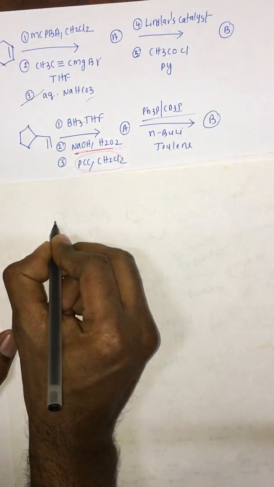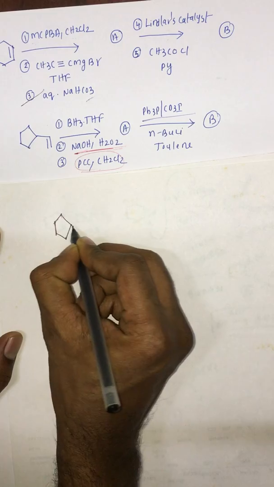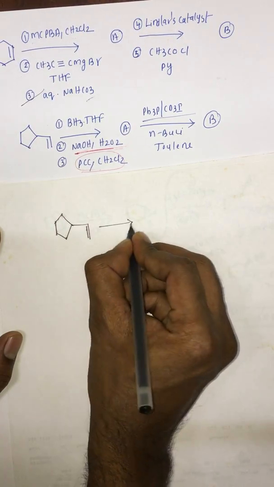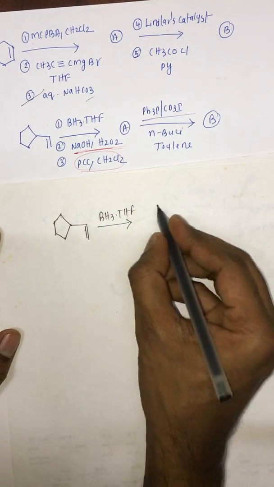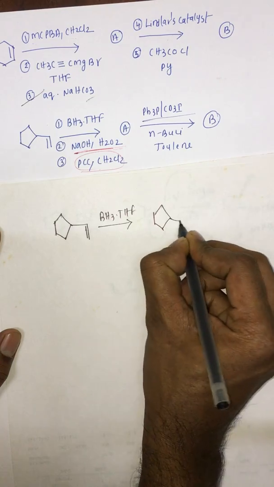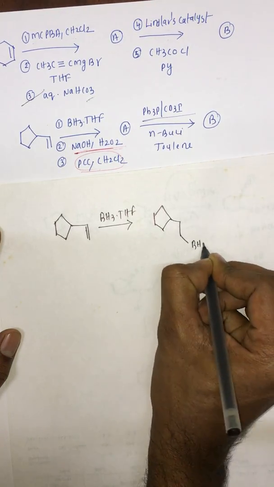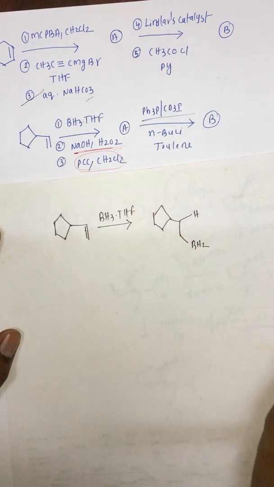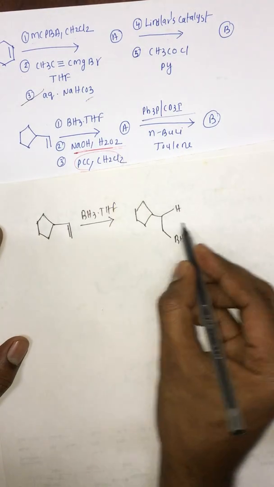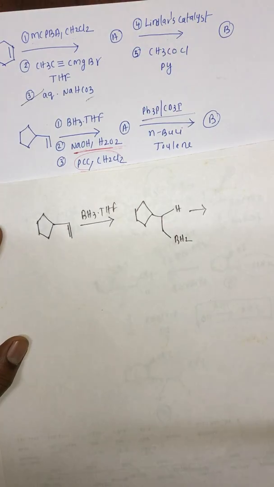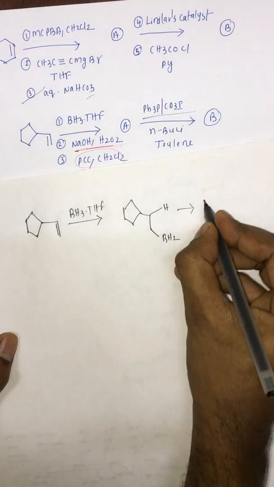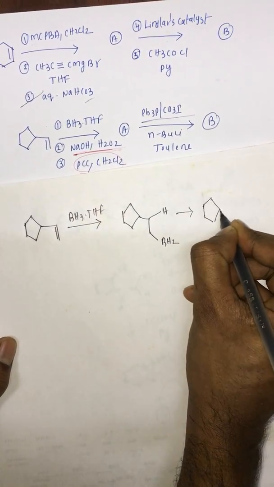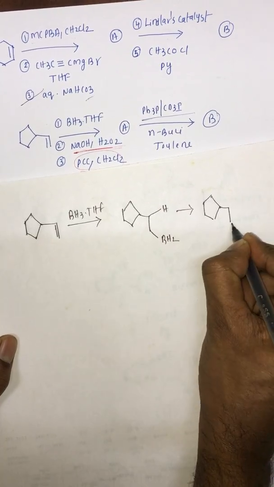In the next we have this reaction. Here we have BH3 with THF. We know that it follows syn addition, and BH3 comes at the less substituted carbon, and hydrogen at the other. In the next step we have NaOH and H2O2, which converts the boron group into an alcohol.